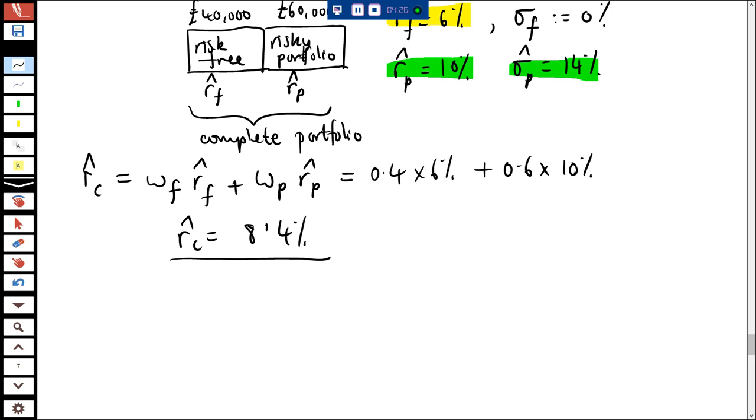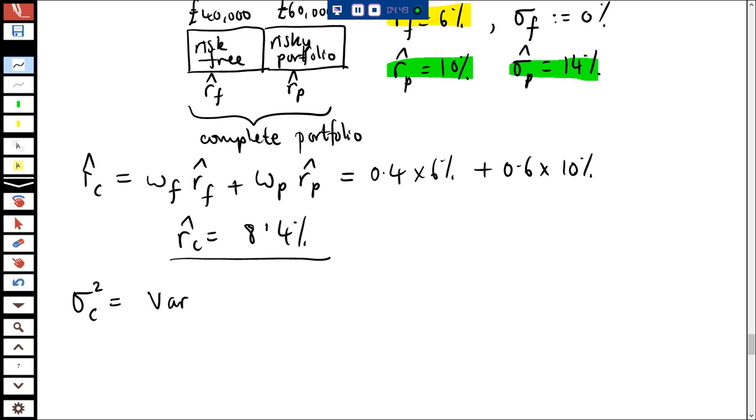Okay, how about the variance on the complete portfolio? Well, maybe we should do it this way. The variance on the complete portfolio, well, the portfolio. So okay, let me think how we can write this the best way.